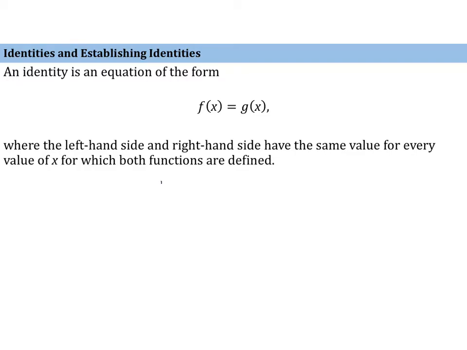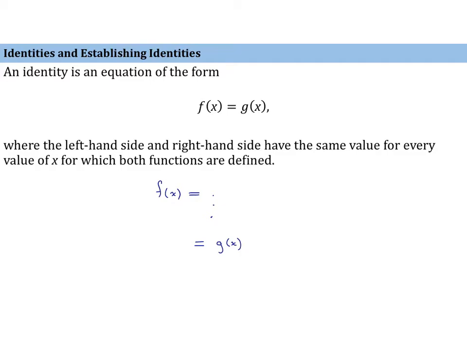We start with the left-hand side of our identity, whatever that expression would be, and then we use either algebra or a trigonometric identity to rewrite it. And we continue to do that until we have simplified it or rewritten it, manipulated it so that it becomes the right-hand side.